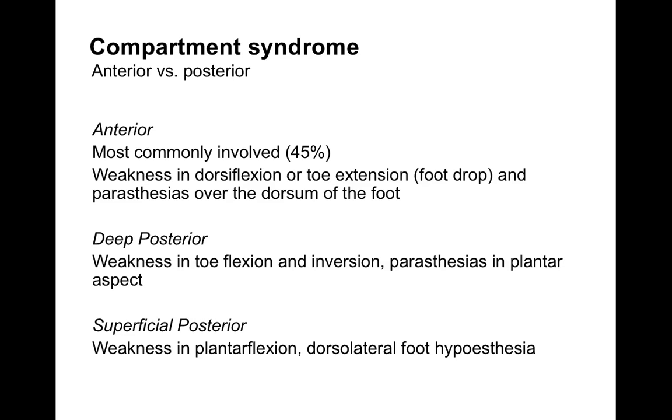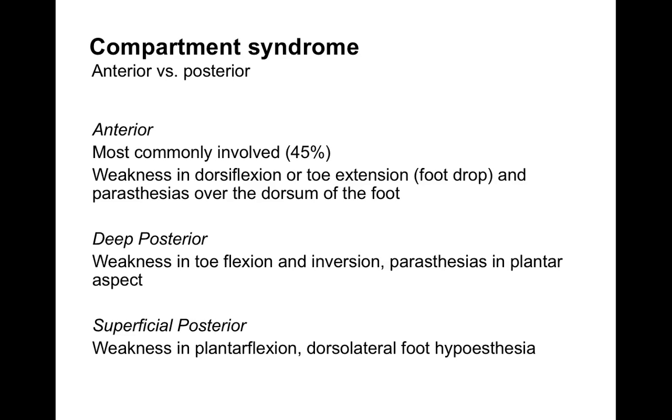So here is a list of the different locations of compartment syndrome and the corresponding patient symptoms that you'll need to be aware of. So in the most common compartment syndrome, anterior compartment syndrome, we would expect weakness in dorsiflexion or toe extension and paresthesia over the dorsum of the foot.